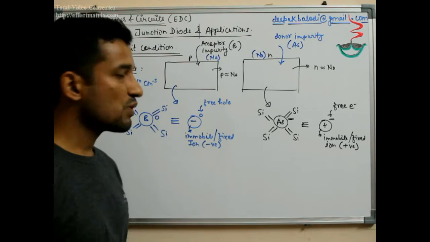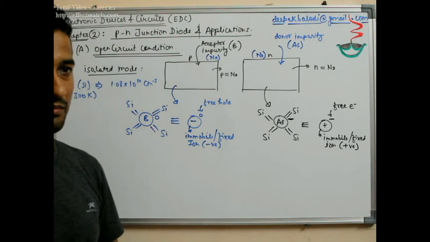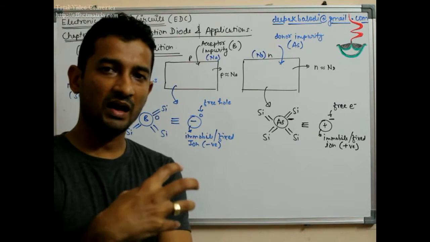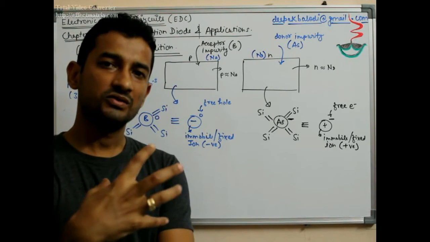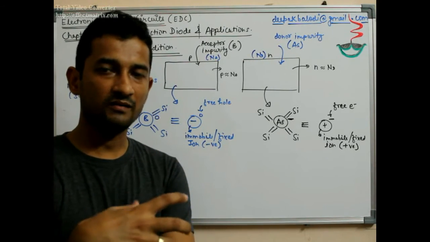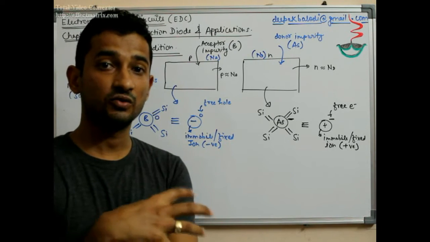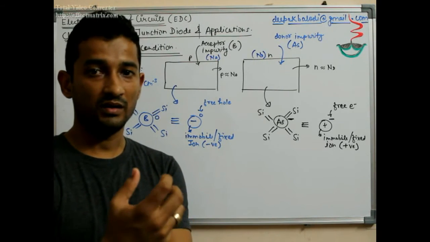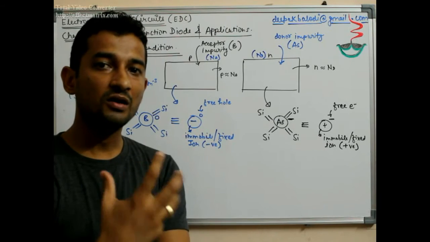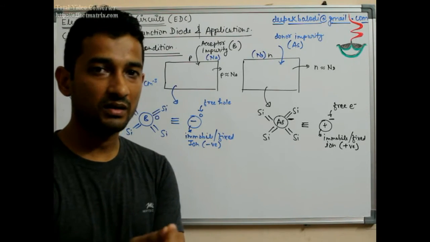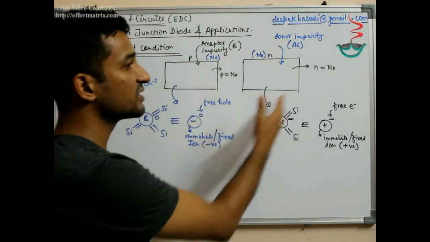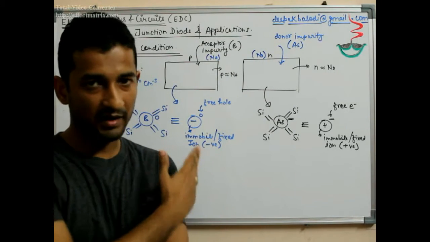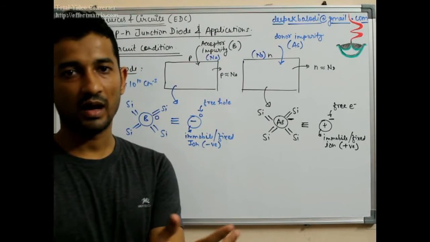But why I call it immobile or fixed? Because the neutral atom has lost 1 hole only, so therefore the remaining atom, which has now become ion, is still so large and so heavy in strength, so that it cannot be moved, it cannot be conducted in the commercial electric fields which we'll be applying in the diode or in circuit applications.